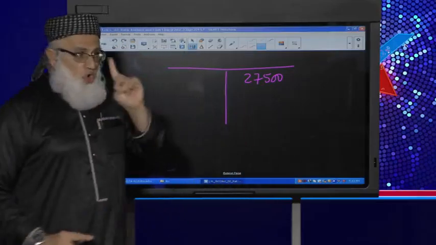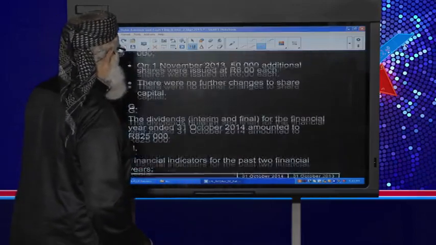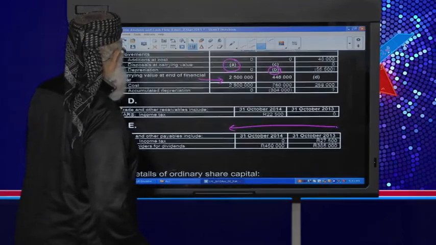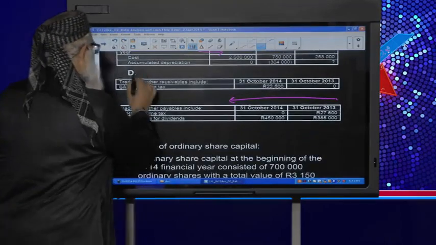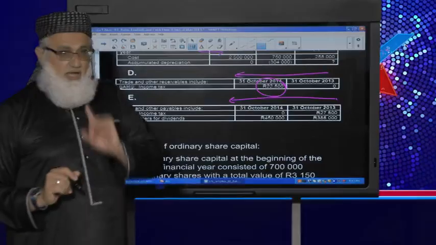Proceed here. Look for my opening balance. Step number 2, look for my closing balance. Where will I find SARS income tax at the end of the year? Trade and other receivables has SARS income tax at the end of the year, 22,500, meaning that it's a debit balance at the end of the year.